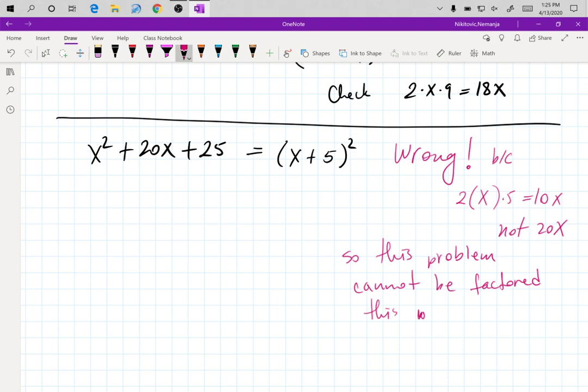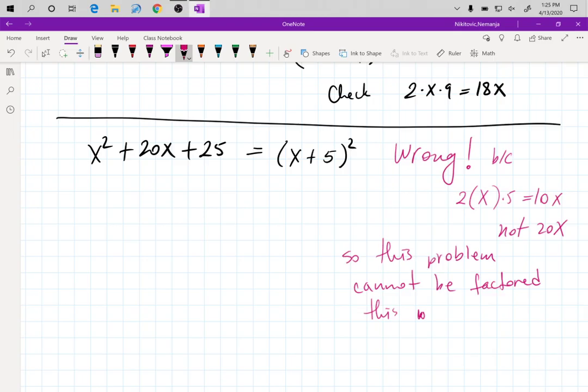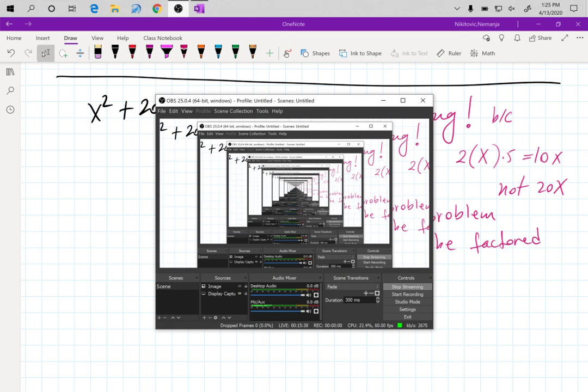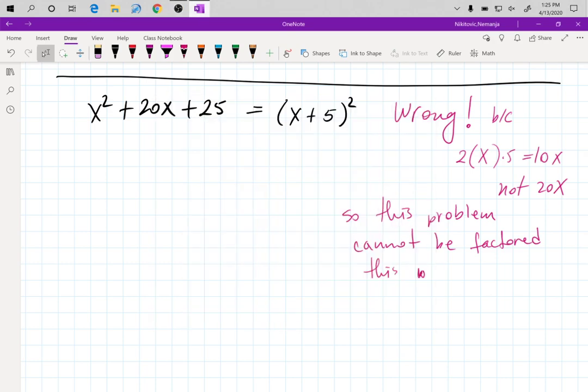Tablet overheated. Okay, I hope that this is now back running.